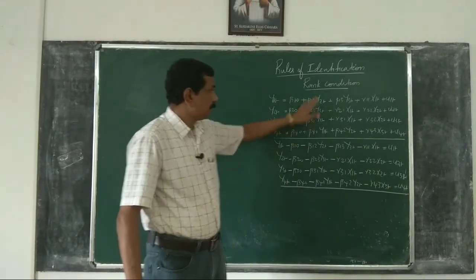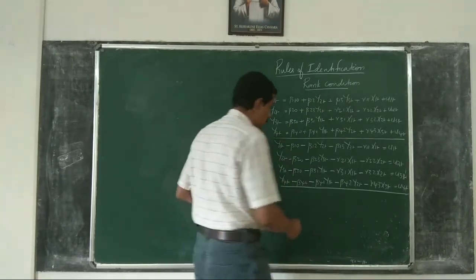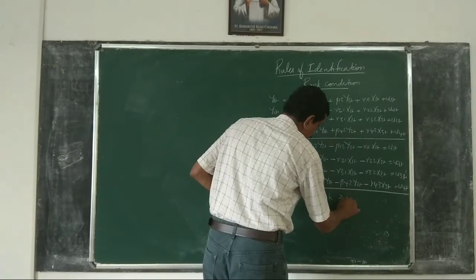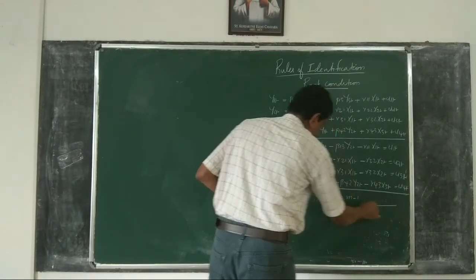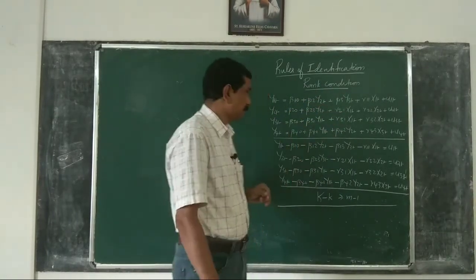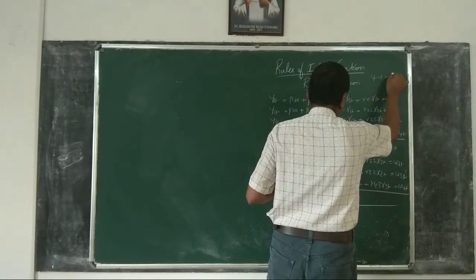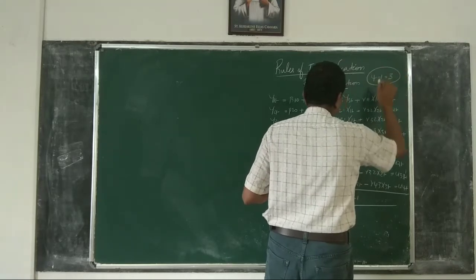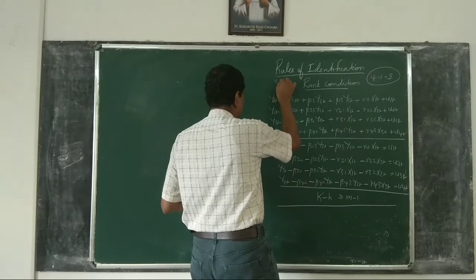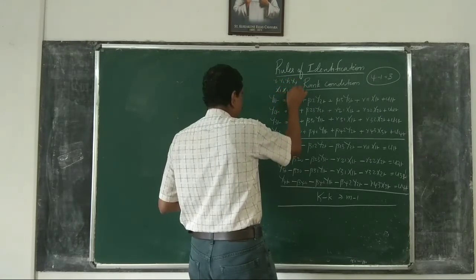Before explaining the rank condition, let us first see whether the order condition is satisfied or not. K minus k greater than or equal to m minus 1. Now, using the first condition for order condition, 4 minus 1, that is, the equation must exclude 3 variables. Total variables are y1, y2, y3, y4, x1, x2, x3.